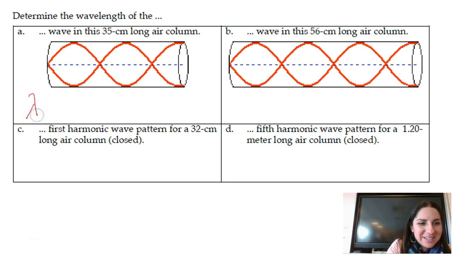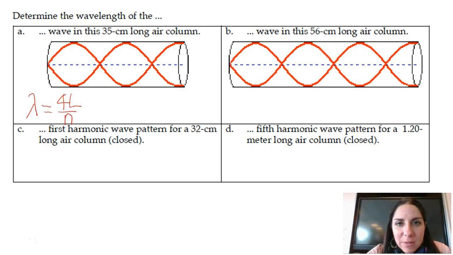The wavelength, there you go, is 4L over n. But when it comes down to figuring out what harmonic number we have, the best way is to count the nodes and then get the order.